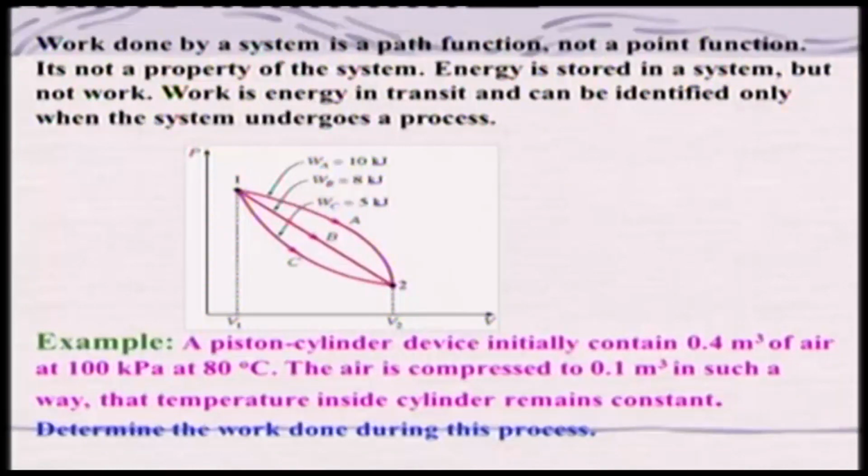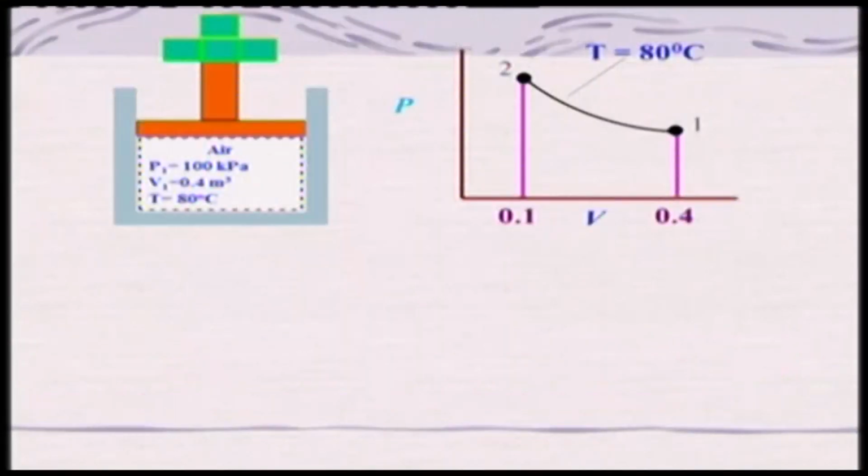This is basically an isothermal process. We need to determine the work done during this process. So let us consider this our system boundary, a piston cylinder arrangement with air at 100 kPa, initial volume 0.4 meter cube and temperature 80 degrees Celsius.